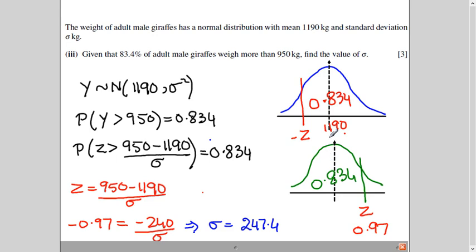Agreed? In this case, it is right hand side. Because of symmetry, it is left hand side. So when you read the table for this Z value, you will get 0.97. So that's why in this Z value, we are writing minus 0.97. And then we are simply solving it, and we are getting the standard deviation 247.4.